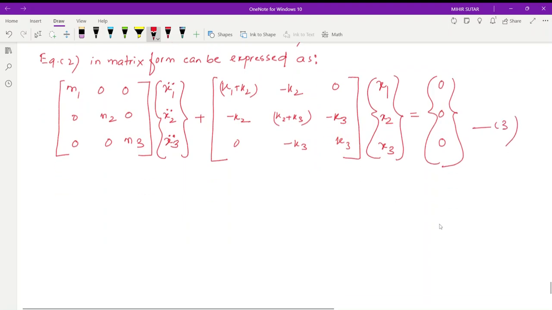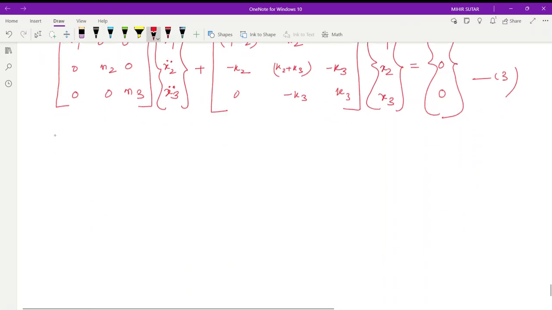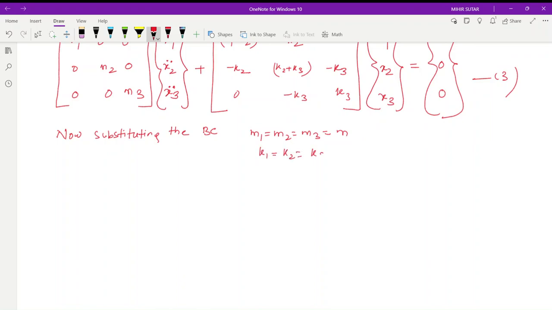Now substituting the values, we have m1 equal to m2 equal to m3 equal to m, and k1 equal to k2 equal to k3 equal to k.